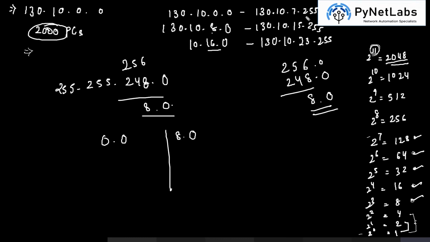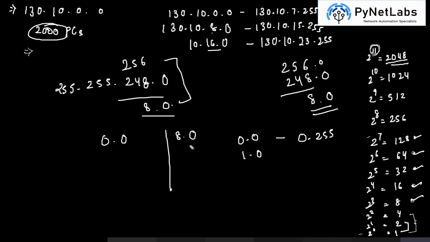Then after 255, the range will go from 0.0 to 255, then after this, it will go to 1.0. You can calculate this either way. So we know that there will be a difference of 8.0 between two ranges.